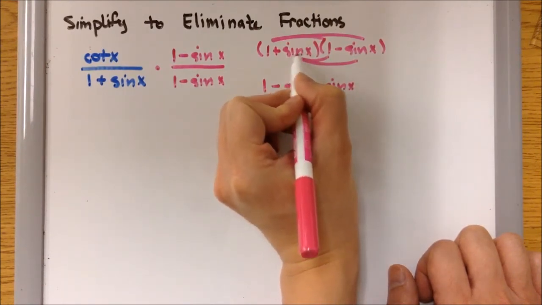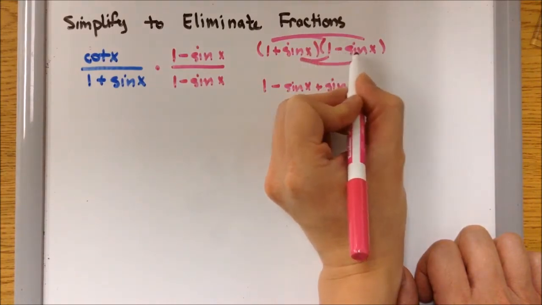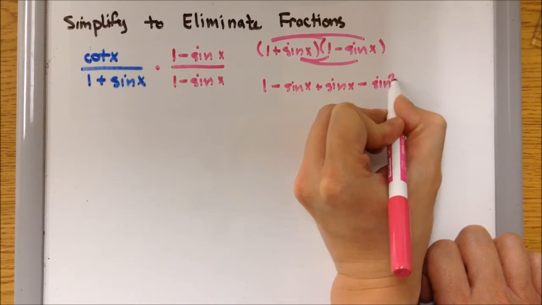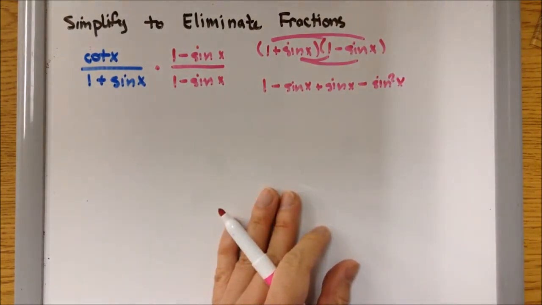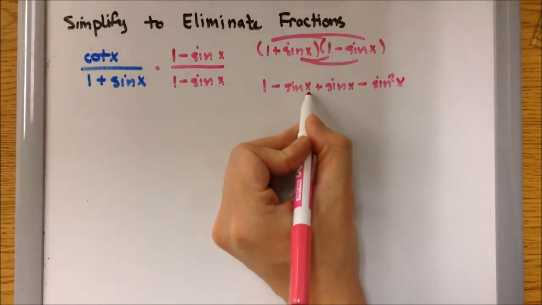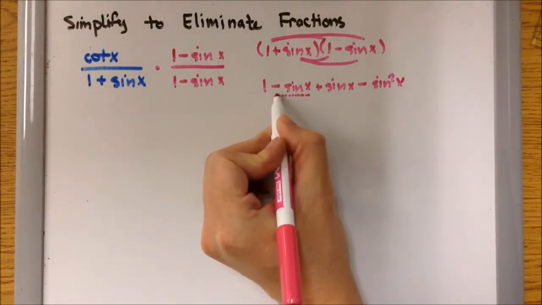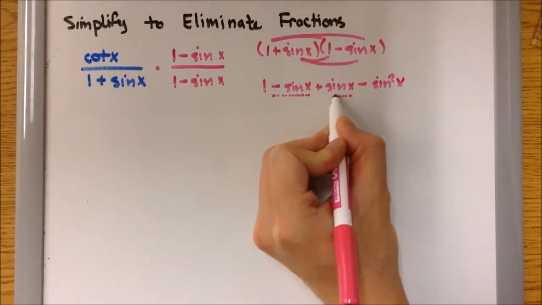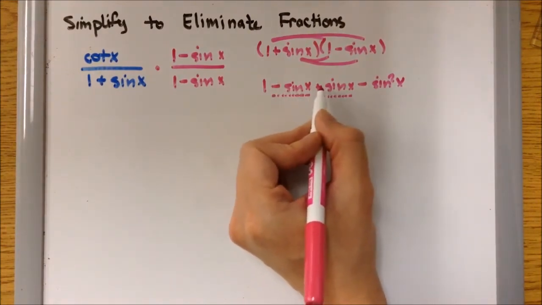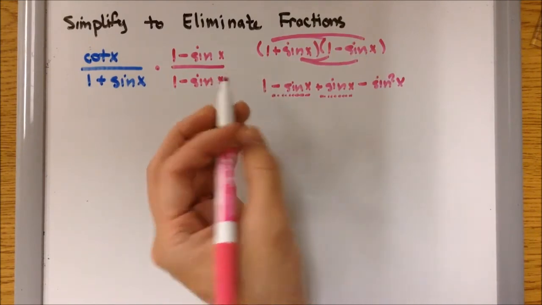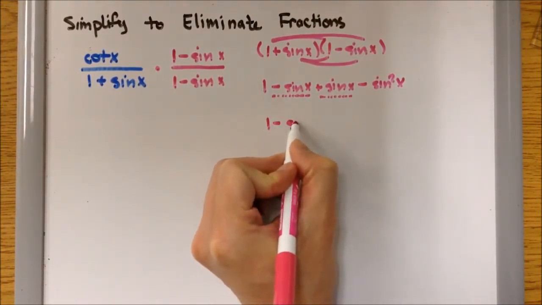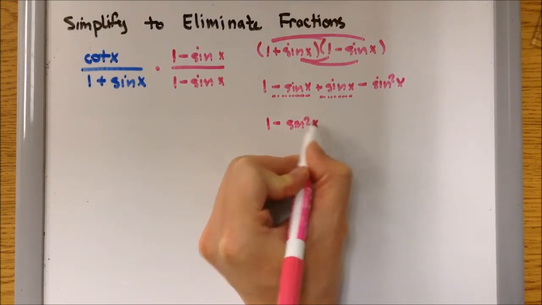And then sine x times minus sine x will be minus sine square x. Alright, so just like in the previous example, you see how the middle terms right here and right here, one is negative, one is positive. I combine like terms, they're going to cancel out, and then we're simply going to have 1 minus sine square of x.